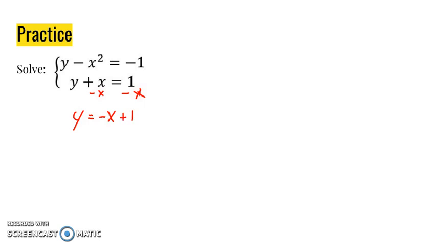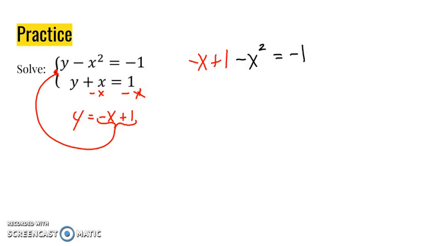So now I need to take this negative x plus 1 and substitute that into the equation. So instead of y minus x squared, I'm going to have negative x plus 1 minus x squared equals negative 1. Now I need to solve this for x. But I've got an x squared and an x, so the only way you can solve with an x squared and an x is by factoring.